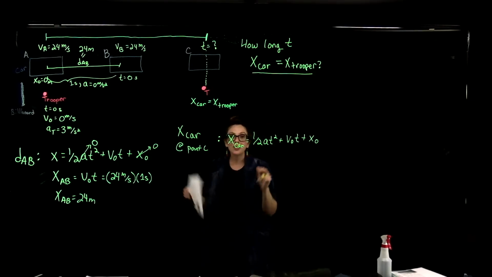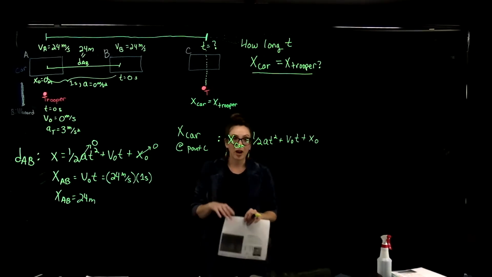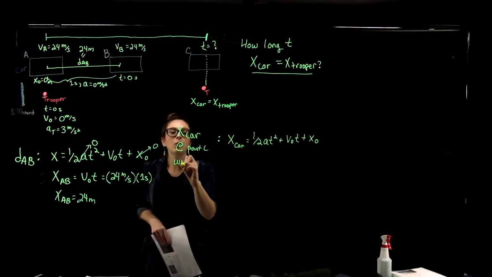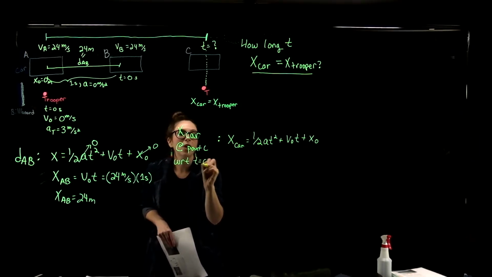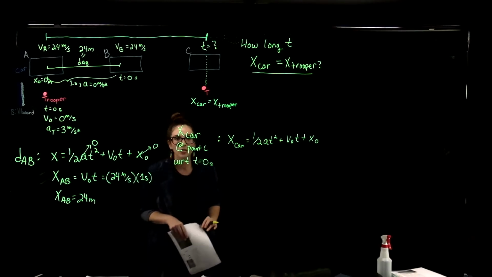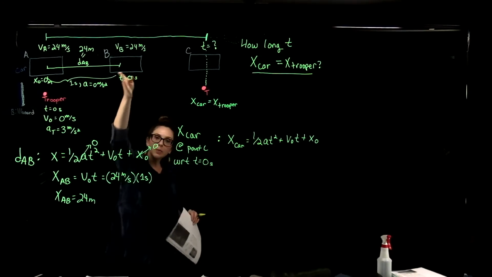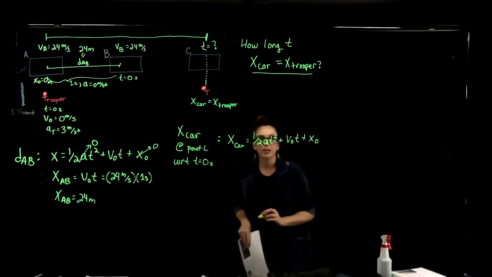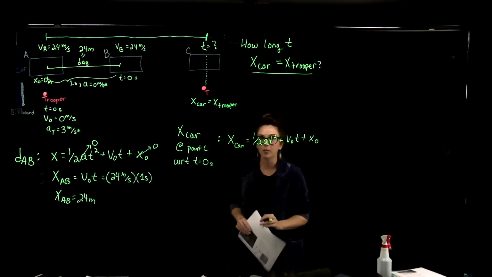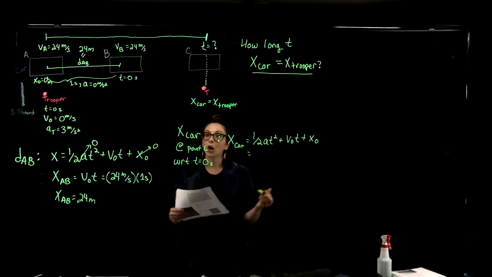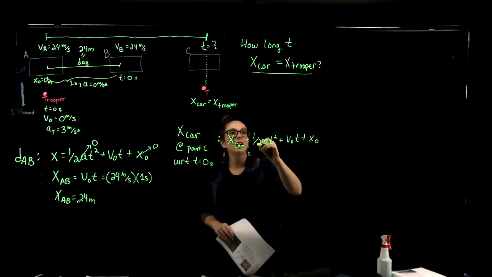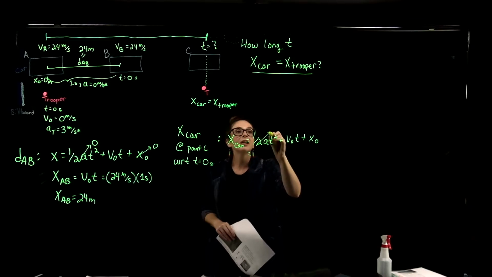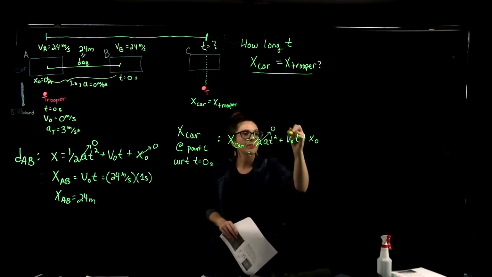Okay, so this is going to be with respect to, remember I was talking about how we're going to set t equals 0 when the car reaches point B here. So this equation is going to be with respect to our point t equals 0. Now, again, the car has a constant speed, so our acceleration is going to be 0.